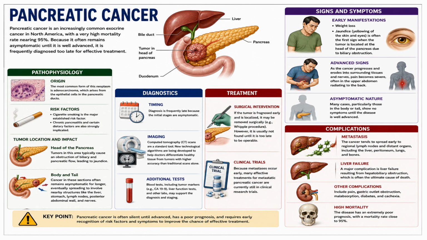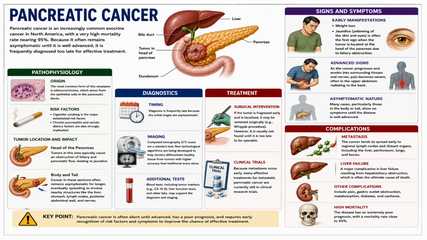Now, pancreatic cancer is an increasingly common exocrine cancer in North America, notorious for a high mortality rate nearing 95%. It is primarily an adenocarcinoma originating from the epithelial cells of the pancreatic ducts.